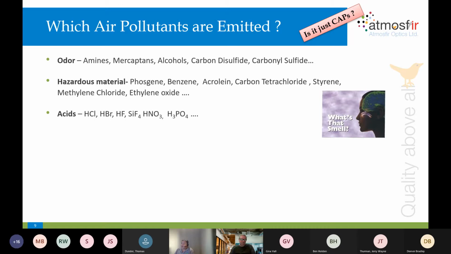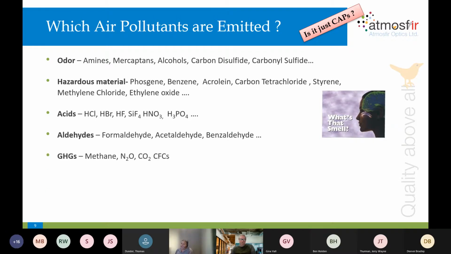Acids: actually, we don't have any official method to measure them in ambient air. There is no official method to measure even HCl in ambient air, and we usually go to the NIOSH method. We don't measure routinely aldehydes like formaldehyde, acetaldehyde, benzaldehyde.